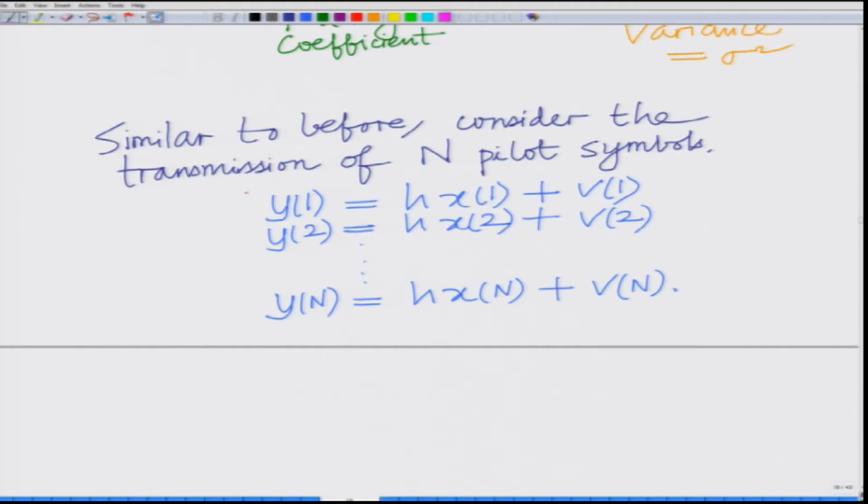All right, these are the n received outputs. These are the n received pilot outputs.